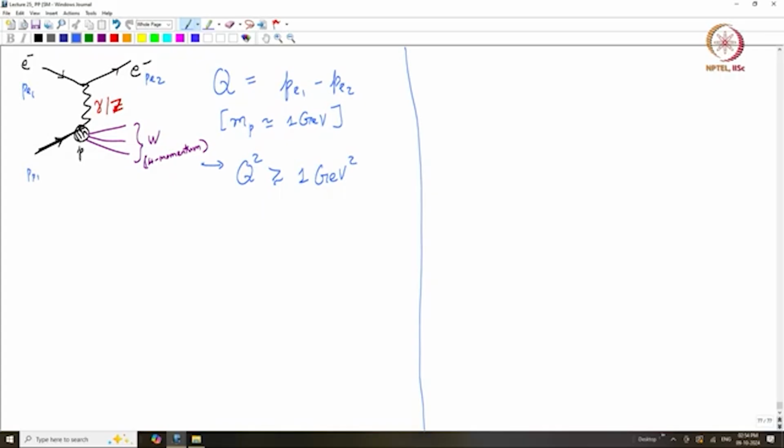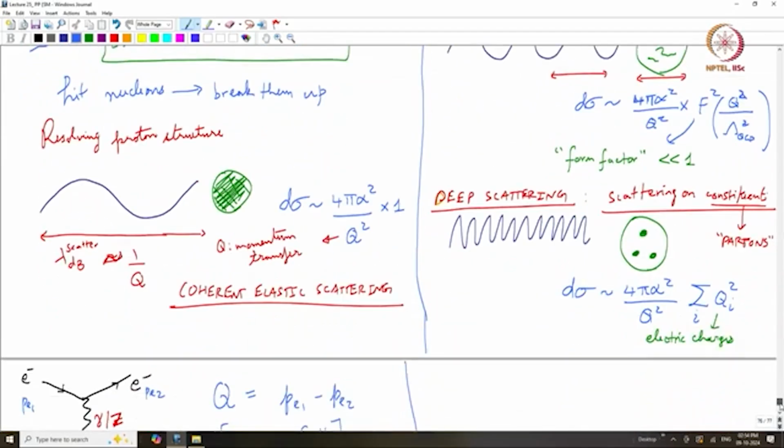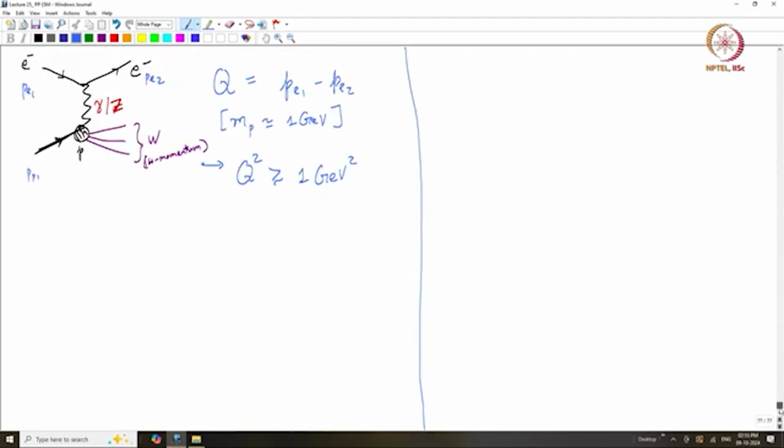But the idea is, if the momentum transfer is greater than a GeV, then according to the cartoon that we have just been looking at, like this heuristic picture, that is exactly when I start probing the interior of the proton, right. So this is the regime that corresponds to deep scattering. Okay.